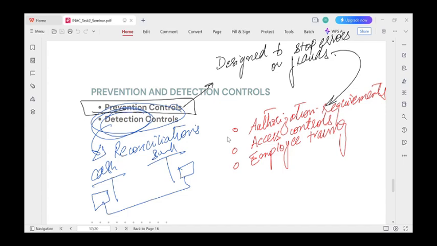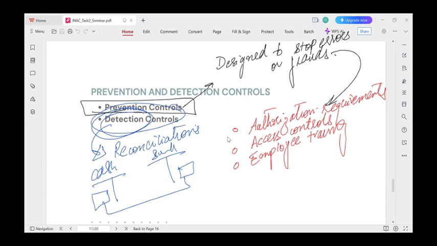For example, if I'm going out in the cold, I'm going to wear my jacket. That's a prevention control. But once you have a fever and you're using the thermometer, that's a detection control. Okay. All right. So reconciliation is one of the examples.